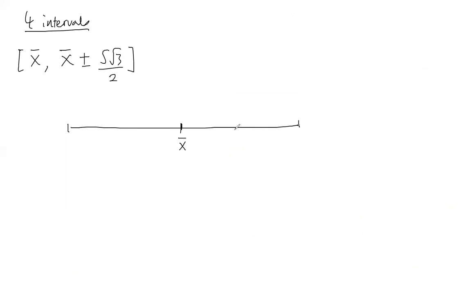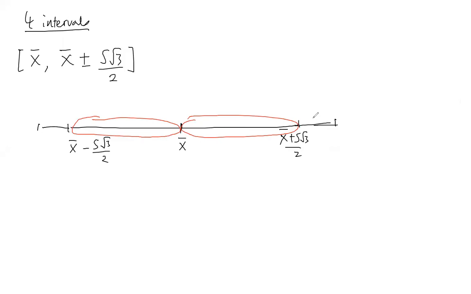Then this is x bar minus s square root of 3 over 2, and this is x bar plus s square root of 3 over 2. So you have one interval here, one here, one here, and one here. So 4 intervals: 1, 2, 3, 4.